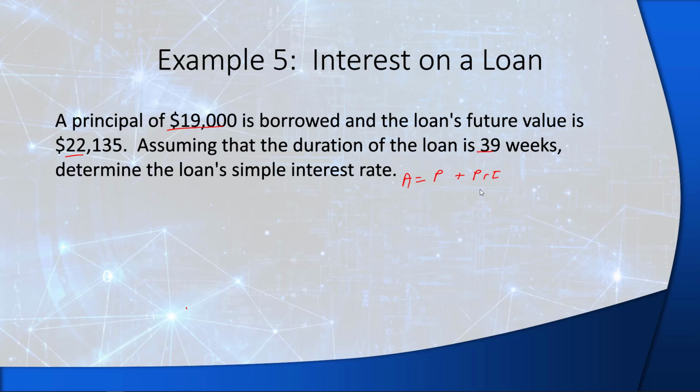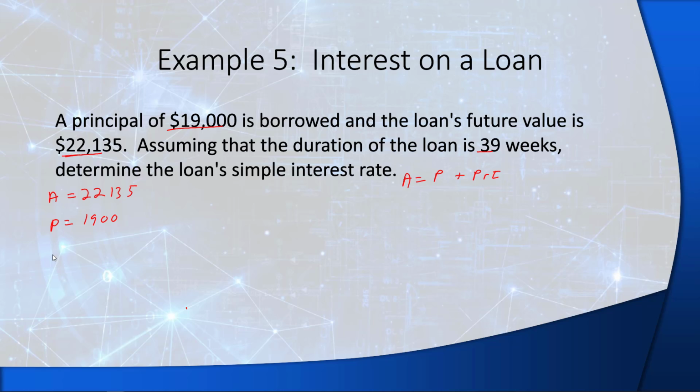For problems like these, I like to work the equation like this. Okay, so we have that A, our future value, is going to be $22,135. We have that the present value is $19,000.